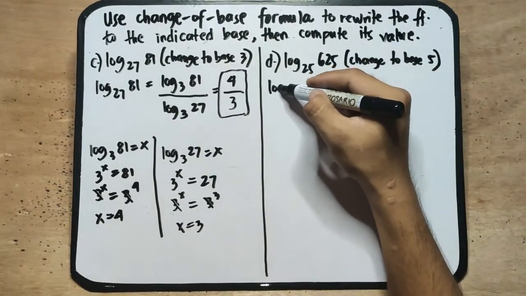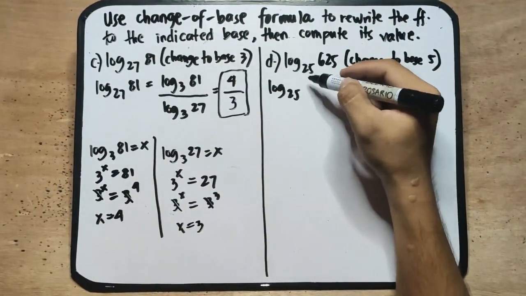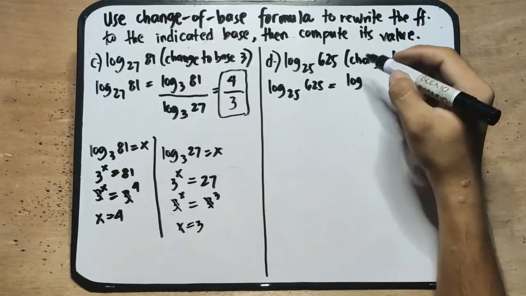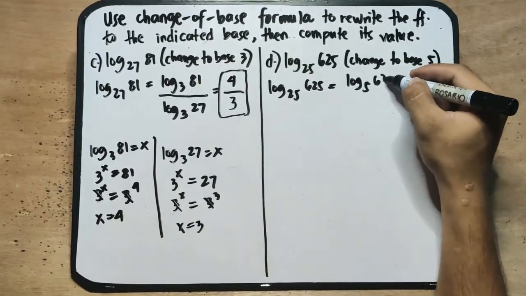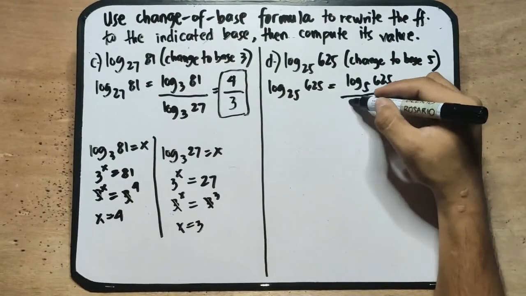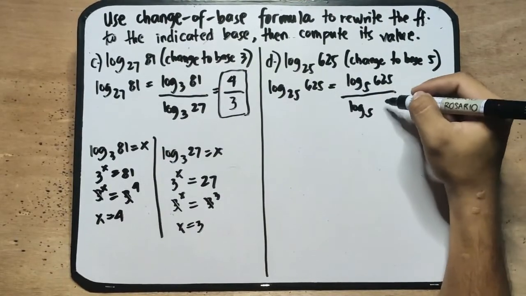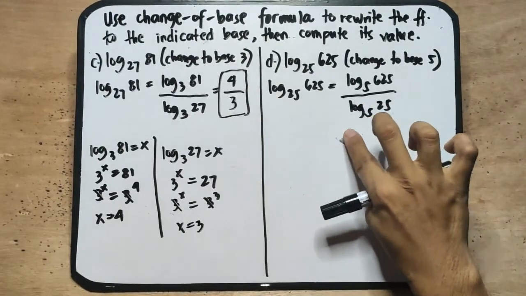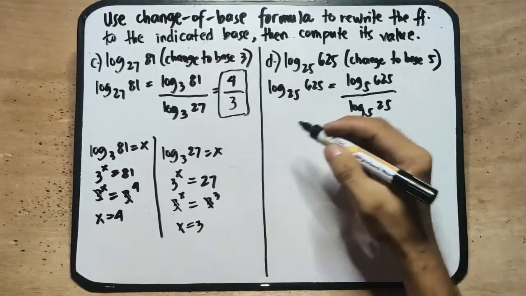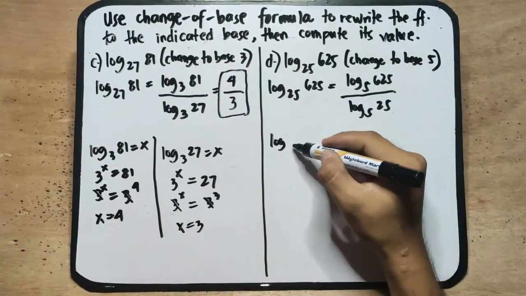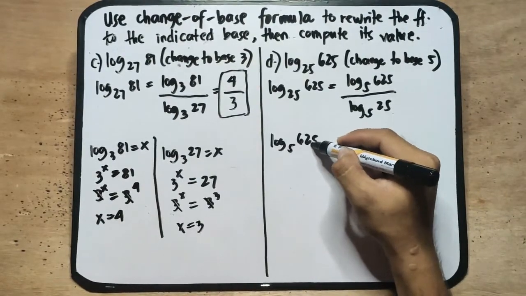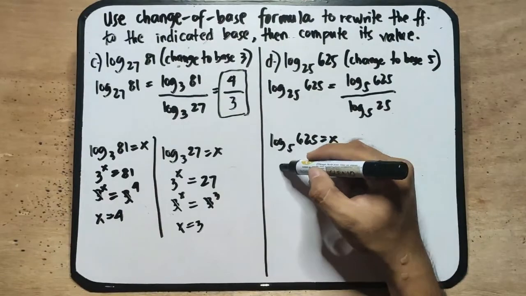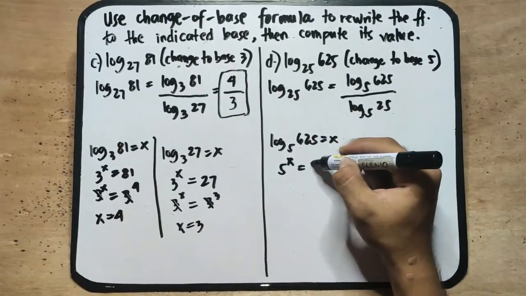So meaning this can be written as log base 25 of 625 is equal to log base 5 of 625 all over log base 5 of 25. So solving for the numerator, we have log base 5 of 625 is equal to x. So transform to exponential form, we have 5 raised to x is equal to 625.